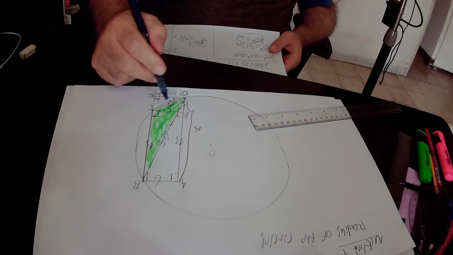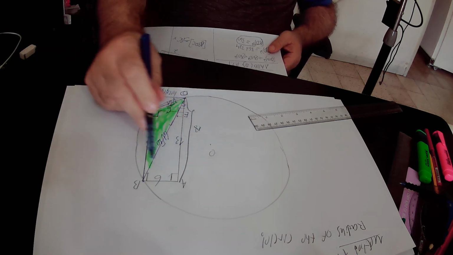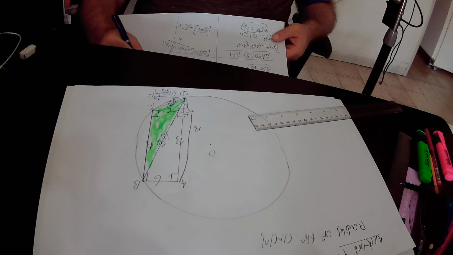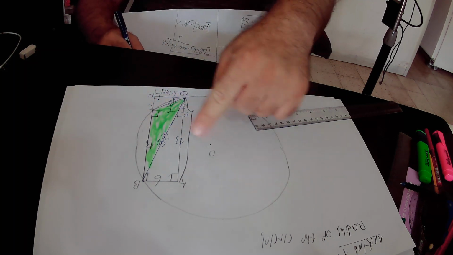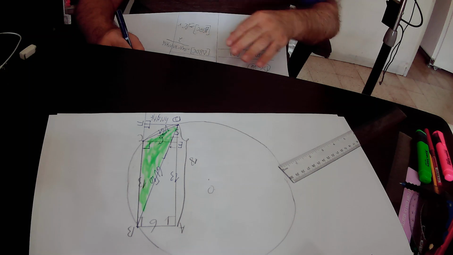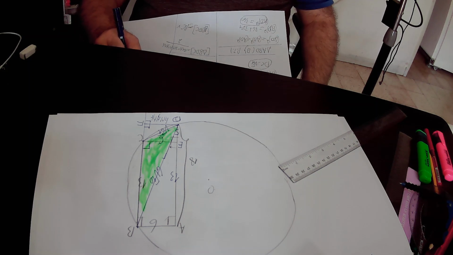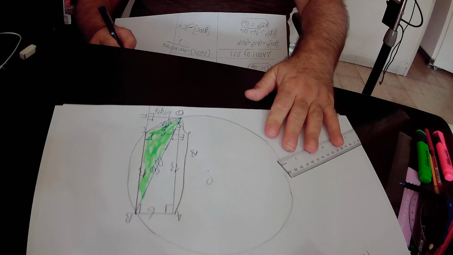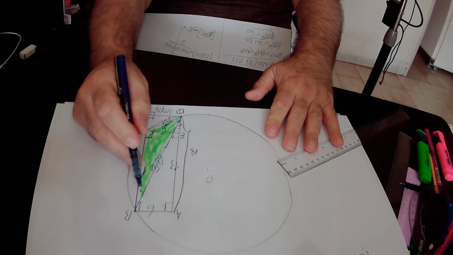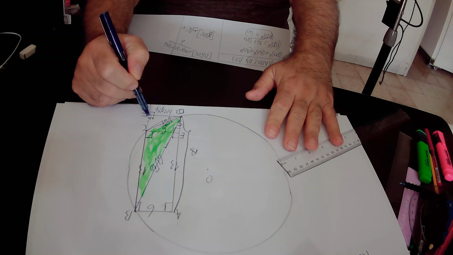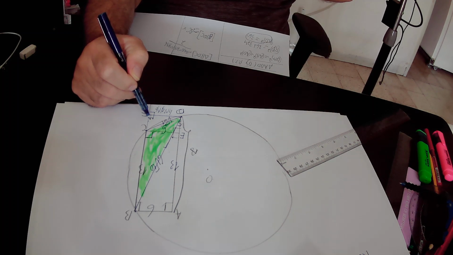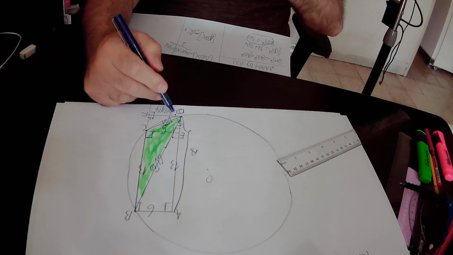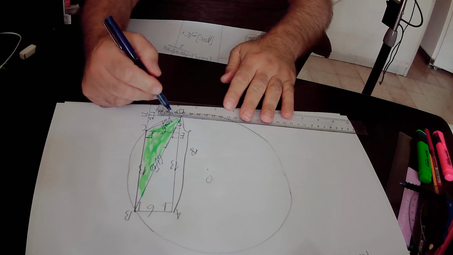We'll focus on quadrilateral ABDF. In quadrilateral ABDF, we have 1, 2, 3 right angles. The sum of 3 right angles is 270 degrees, plus the fourth angle must equal 360 degrees.